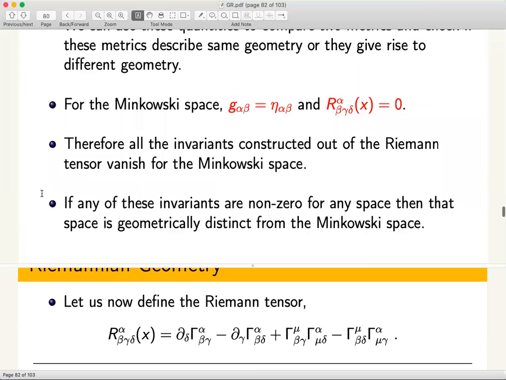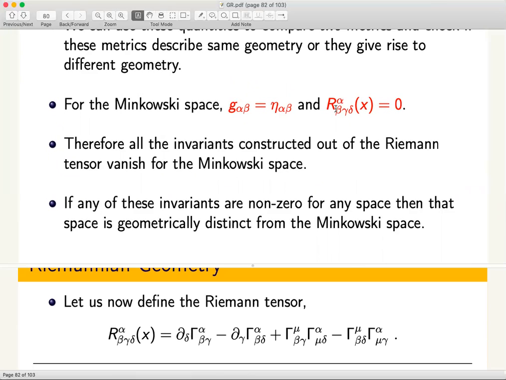Is it making sense? For Minkowski space, it doesn't matter in how many dimensions, 1 plus 1, 2 plus 1, 3 plus 1, 4 plus 1, any dimension, the metric is like this: just diagonal minus 1, 1, 1, 1, depending upon how many spatial directions you have. In all such dimensions, Minkowski space has the property that every component of the Riemann tensor vanishes.